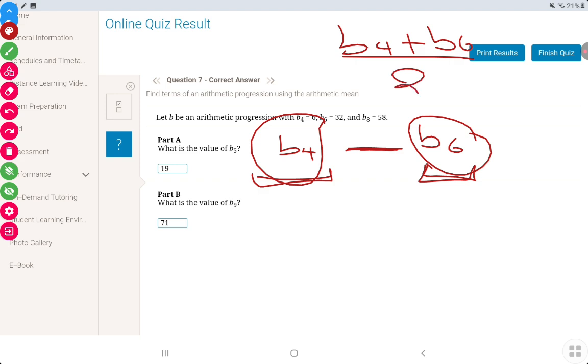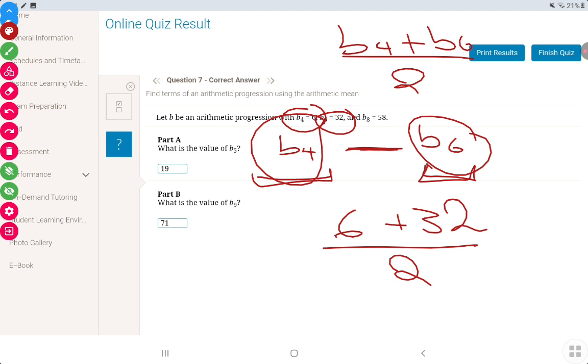So anytime you're trying to find something that's between two things, you just add up the two things and divide by 2. So b4 is 6 plus b6, which is 32. So 6 plus 32 over 2 is 19. So b5 is equal to 19, like part A says.